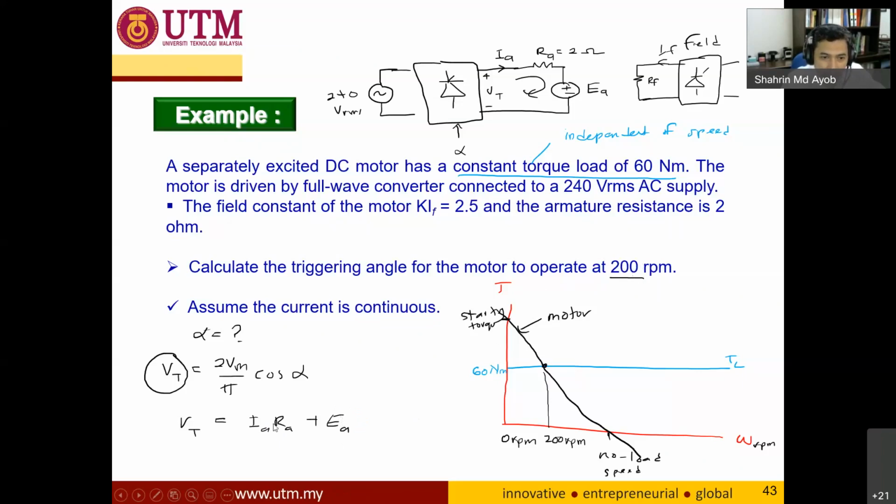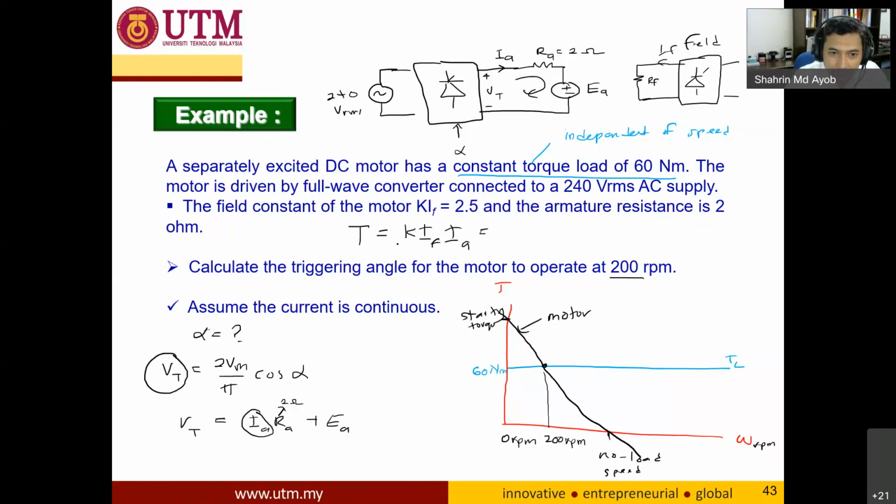RA is given, which is 2 ohm. So right now, can you obtain the IA first? How to obtain the armature current? You should get that from the equation of torque, which is torque equals K IF IA.